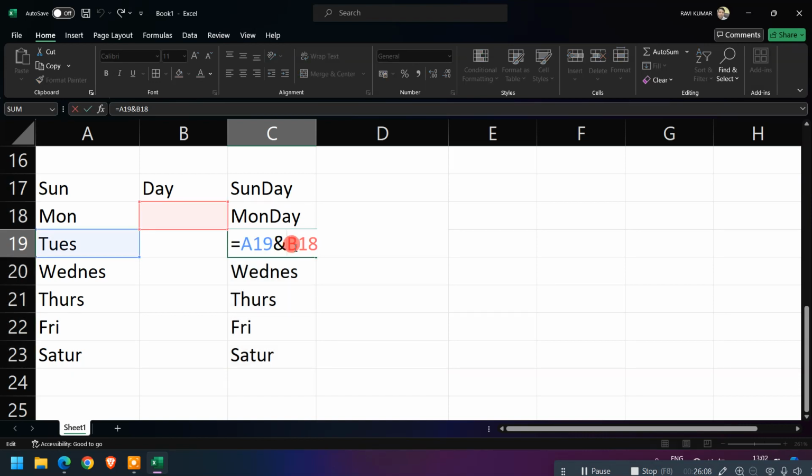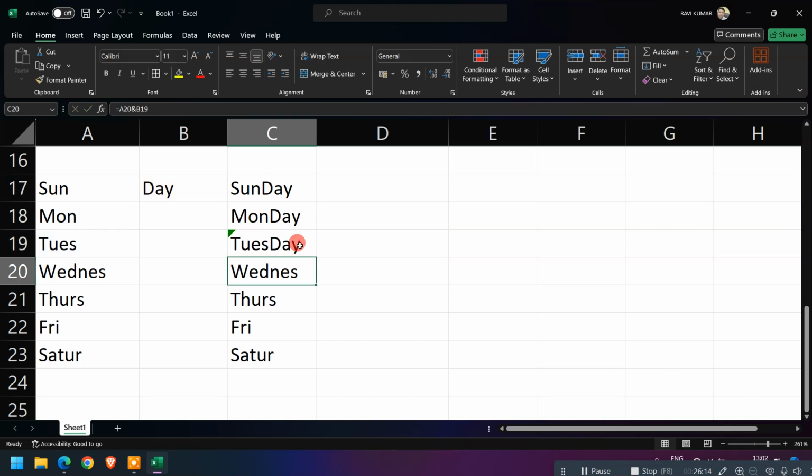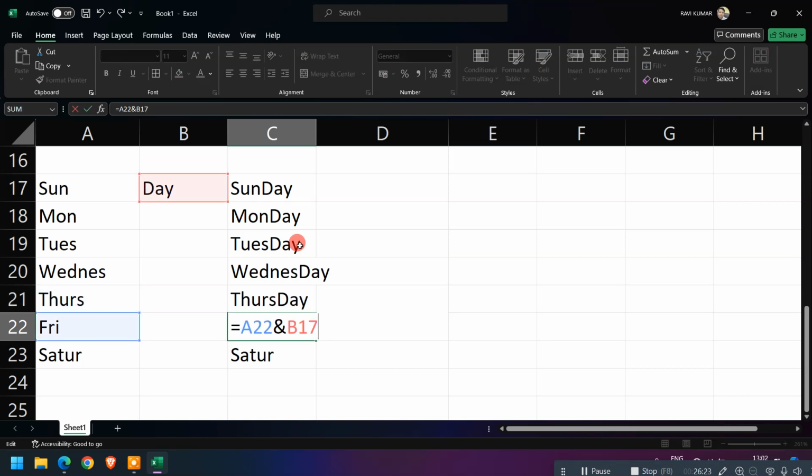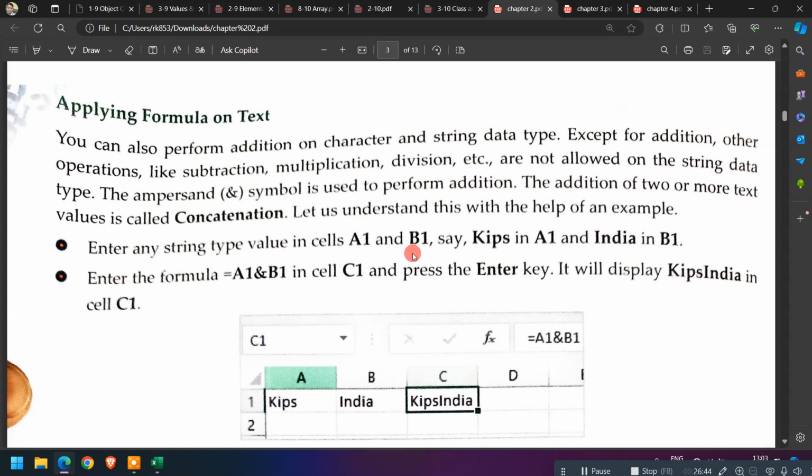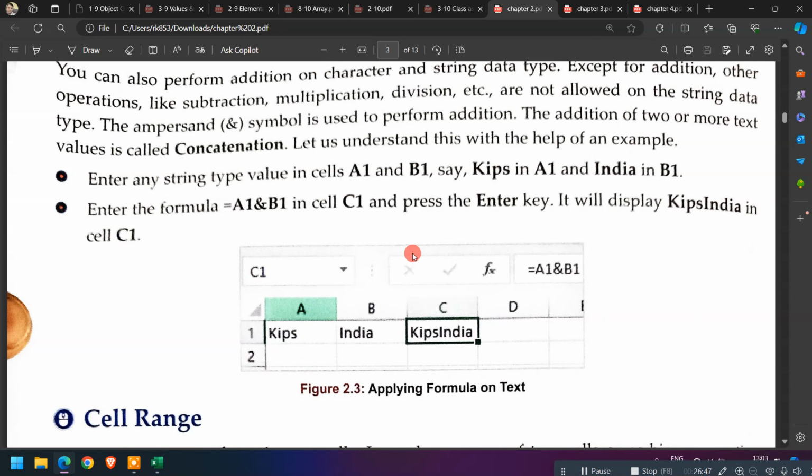We need to give B17. You can see all values have been concatenated, that means joined with the B17 values. So you can apply formula on text like this. By using the ampersand operator you can perform concatenation. Concatenation means joining one text to another.